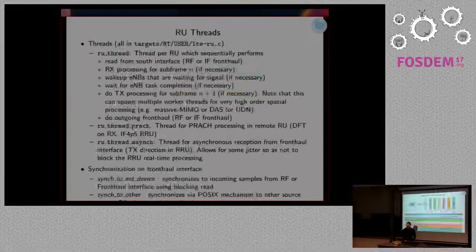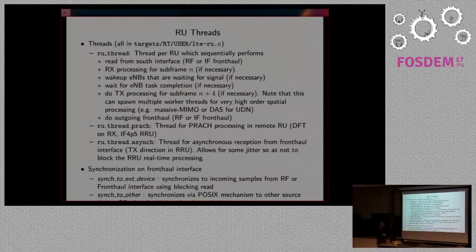All right. So let me skip these things and talk a little bit about how the processing is actually done. The radio unit itself, if you think about a 4G system, it has to do the transmission and reception in parallel. And in a system like LTE, the signal that you're receiving at time n is used to generate the signal that you're transmitting a little bit in the future.